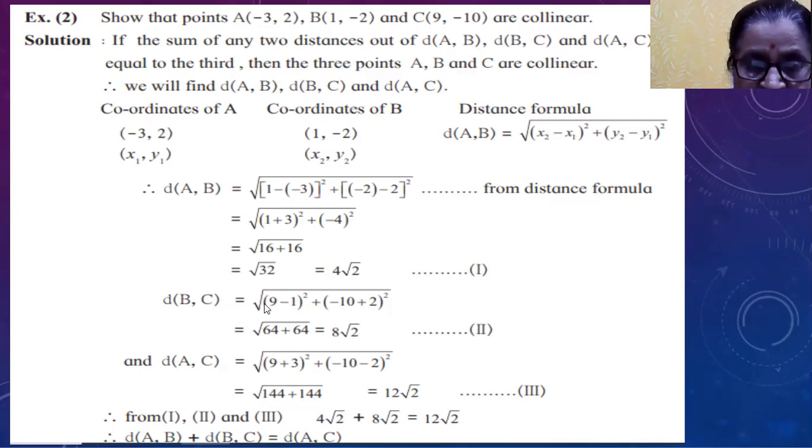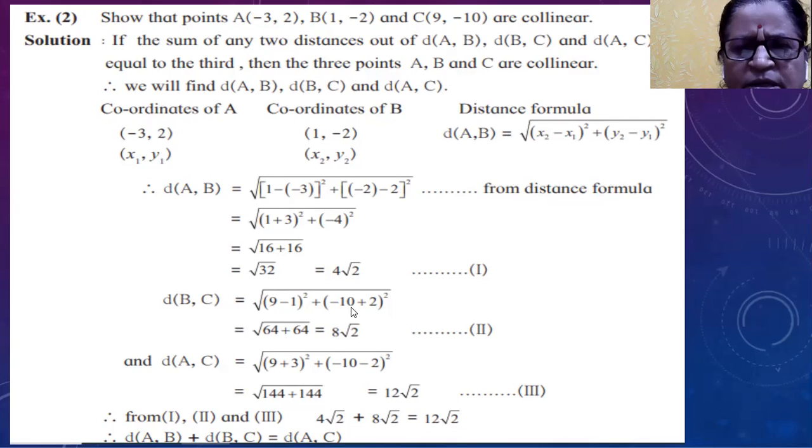Then BC. BC also we consider like that with x1, y1, x2, y2. We use the same formula, x2 minus x1 and y2 minus y1. So x2 is 9, x1 is 1, bracket square.